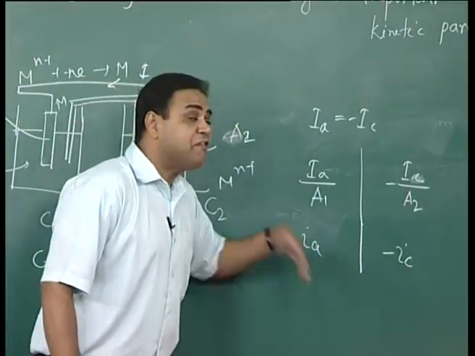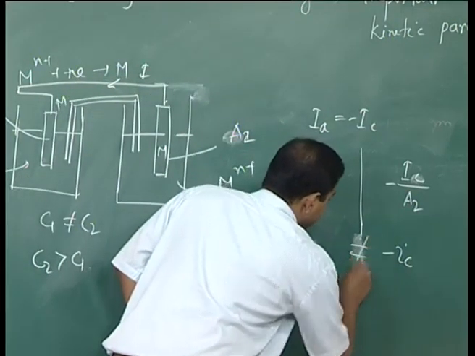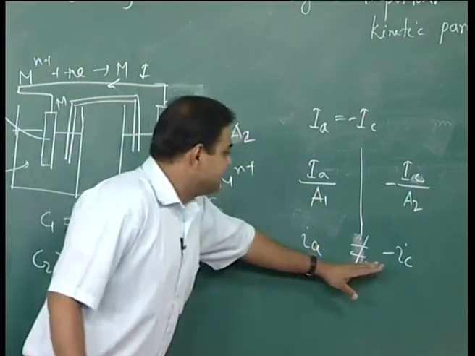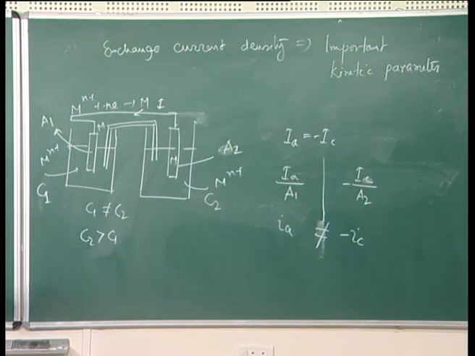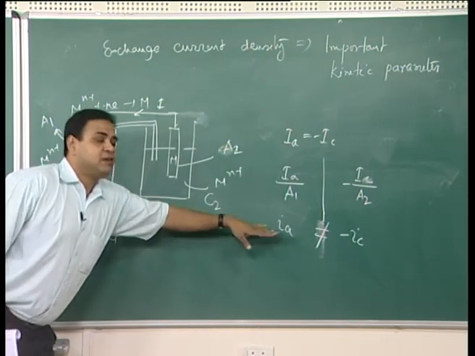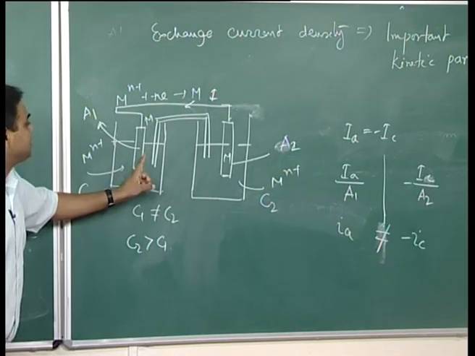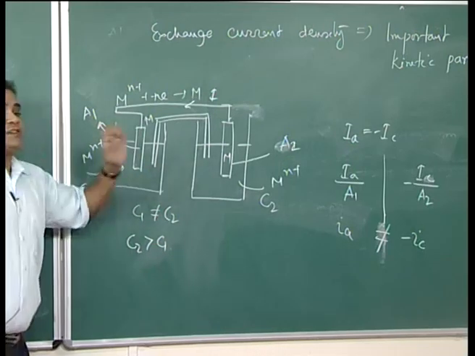These two are definitely unequal. Though the same current is flowing, the rate at which the cathodic reaction is taking place is entirely different from the rate at which the anodic process is taking place, and that is happening just because of the different exposed area on the two metal surfaces.